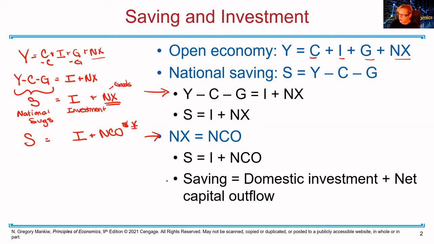So basically, we have a new idea that savings is equal to the domestic investment, which is I, plus the net capital outflow, which is what you see here.